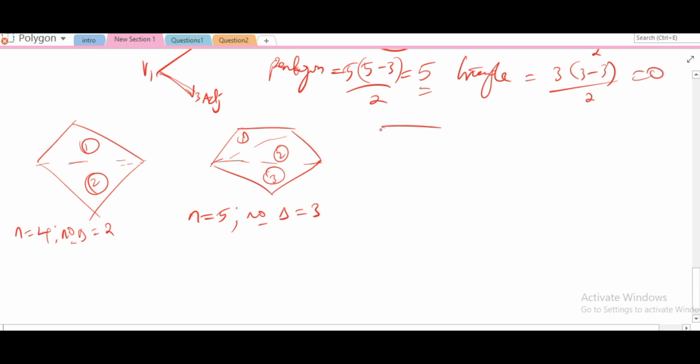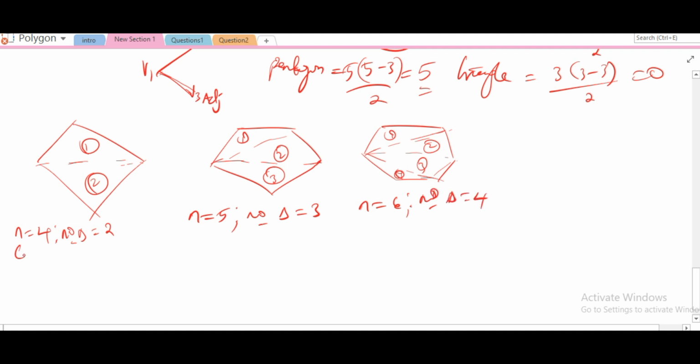So let's take the last one before we get a general formula for that. So this is a hexagon. This is 1, that's 2, that's 3. So 1, 2, 3, and 4. So if n is 6, number of triangles is 4.